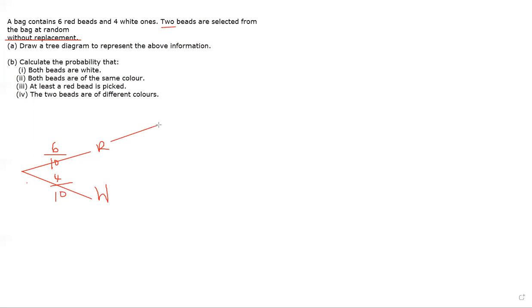If it would have been 3, then we would continue up to 3s. But in this case, we just go this way. Red, red, and red, white. Then red, white, red, white.